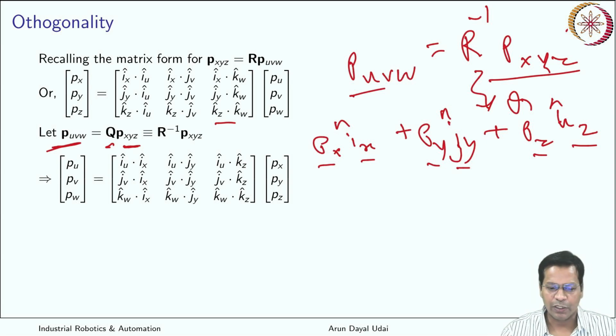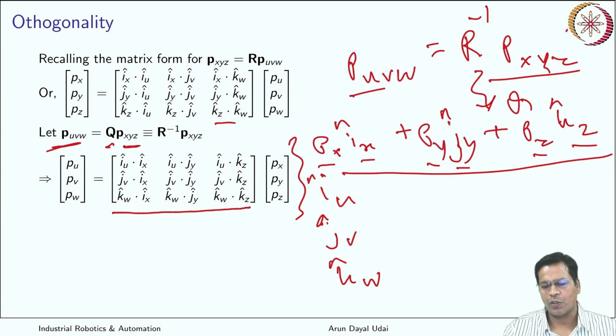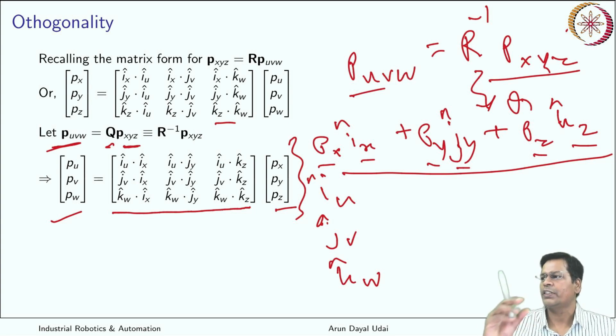So I have to take dot products with Iu, Jv and Kw. So three dot products will give me the projection of this vector along UVW. Rearranging that will take you to this, and this is what you see. This is your new rotation matrix to transform P_XYZ to UVW. Okay, express Px, Py, Pz in UVW.